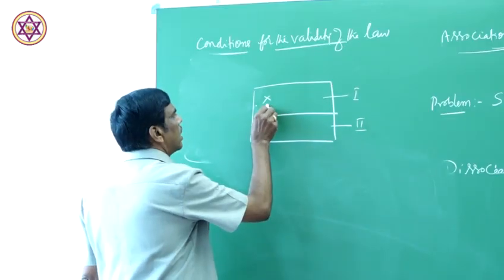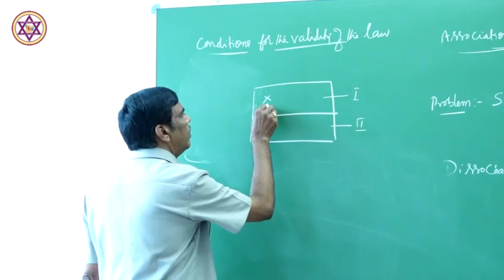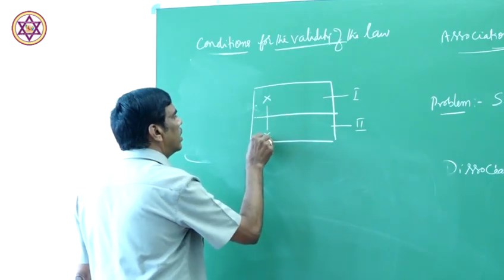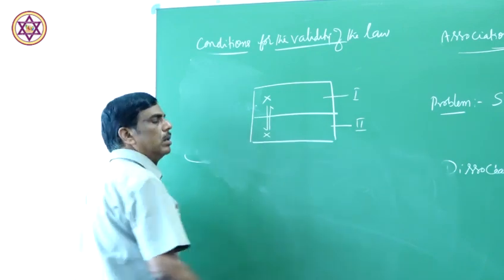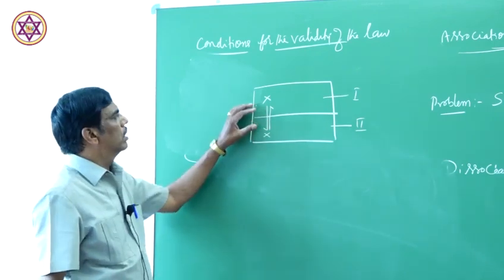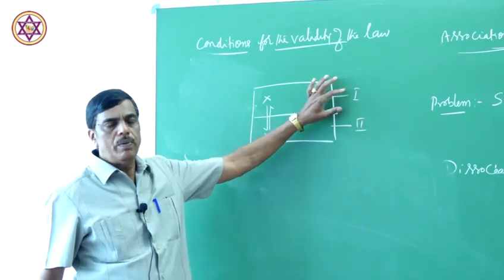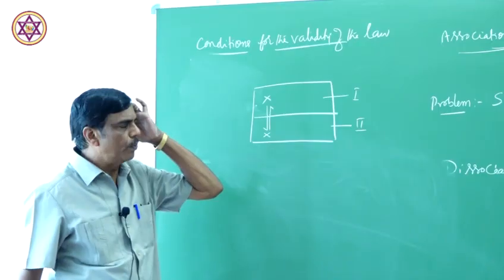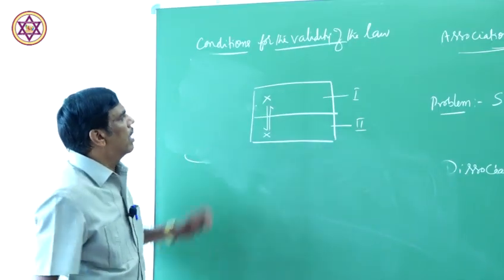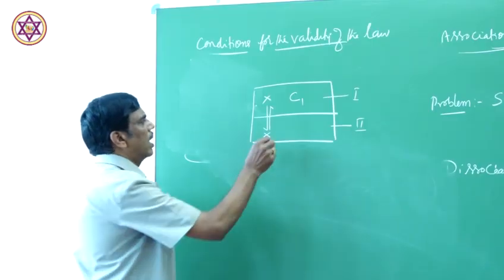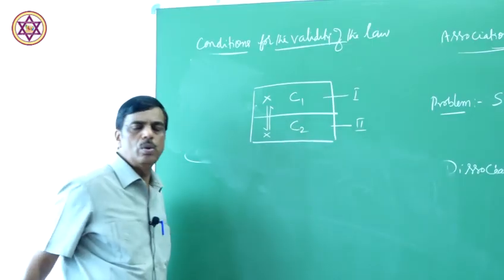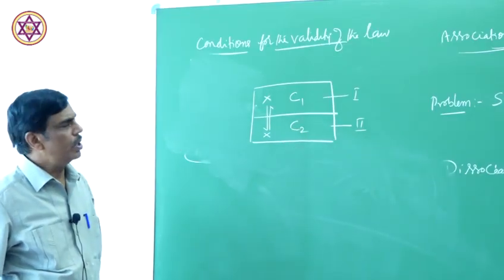You add the solute to these immiscible liquids; the solute is soluble in solvent 1 and solvent 2. The concentration of the solute in the first phase is C1 and in the second phase is C2.